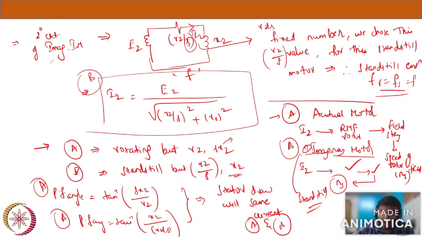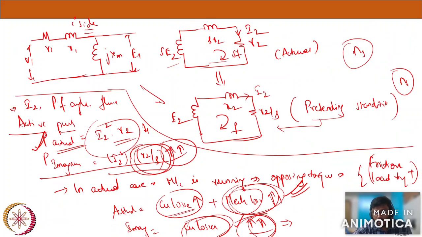Using the same RMF in both the actual motor and the fictitious motor, with the same current, same power factor, and same flux, we were able to generate a secondary circuit and combine it with the first circuit. We also saw how the active power gets balanced, because in the actual condition there is mechanical movement, so the current has to supply for that as well.